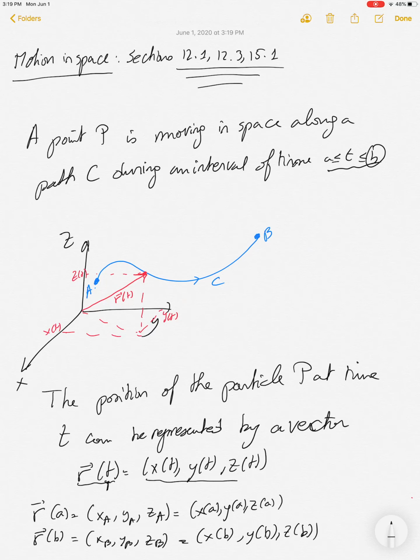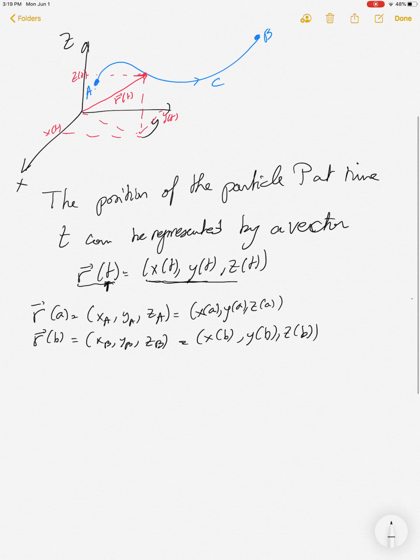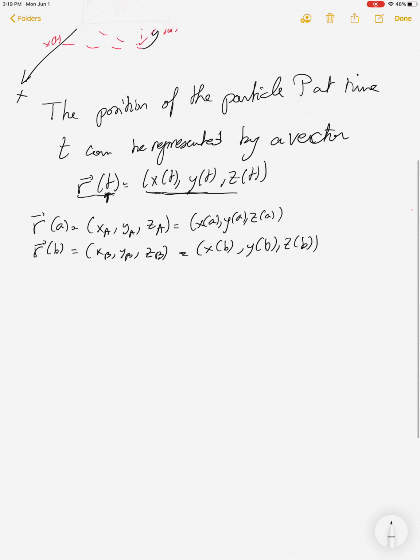It takes a one-variable input, where t is between A and B, and it gives me a vector which has x of t, y of t, z of t. Of course, x of t, y of t, z of t are now functions, because this is real, this is real, this is real, and this is a three-dimensional vector.